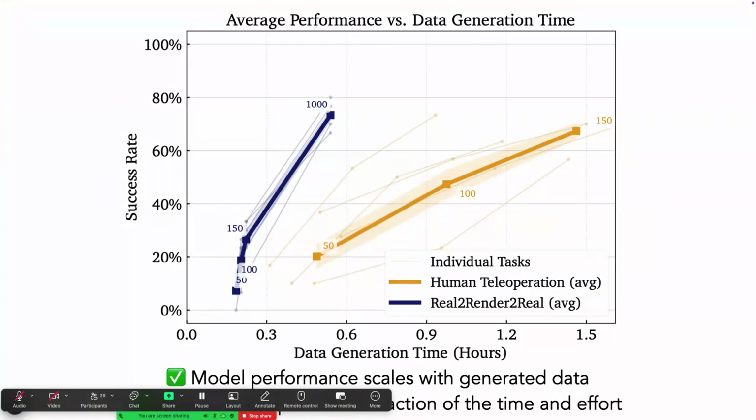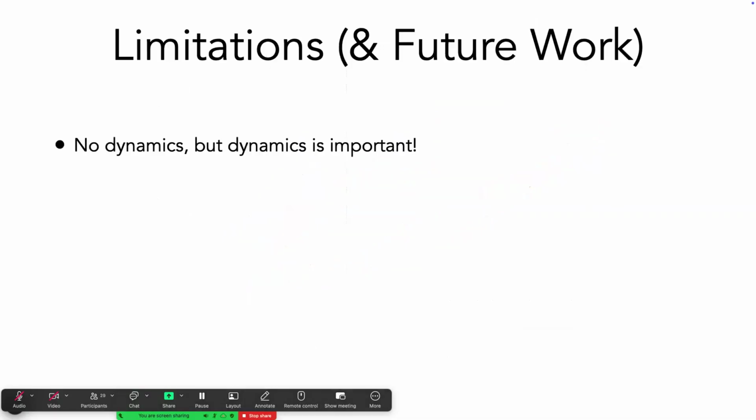Whereas with a single demonstration and then doing the compute on remote GPUs, we can get this in a matter of 15 minutes or half an hour. We can get 1,000 demonstrations and get up to about a 75, 80% success rate. Still not 100%, of course, but we can basically get the same, if not better, than we would if we just spent all that time collecting human data.